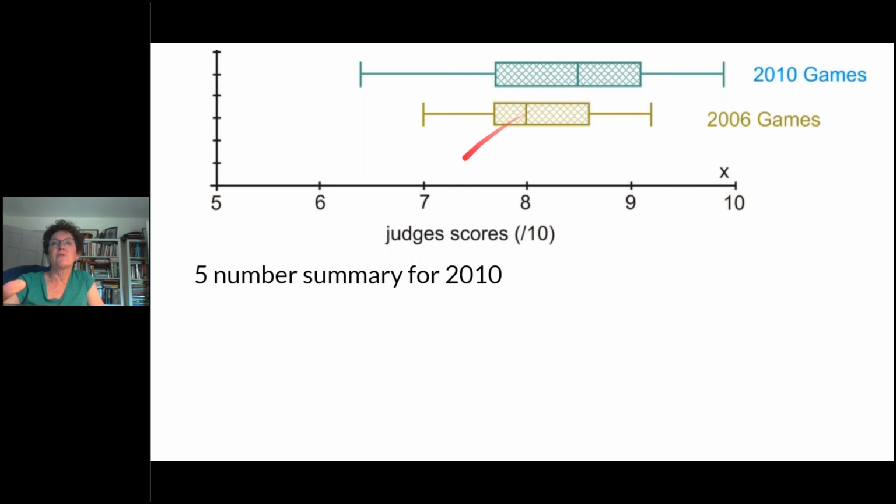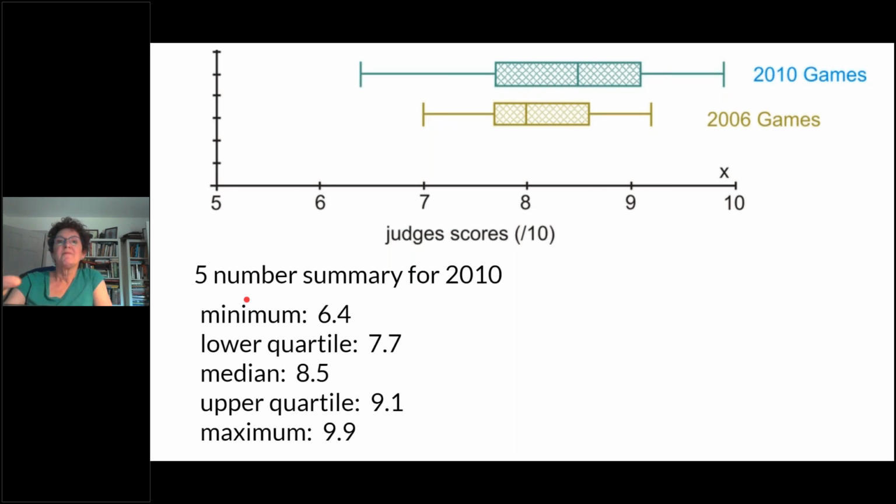Let's look at those. 5-number summary, minimum, lower quartile, median, upper quartile, maximum. So the minimum for this 2010, not quite at halfway, so 6.4.